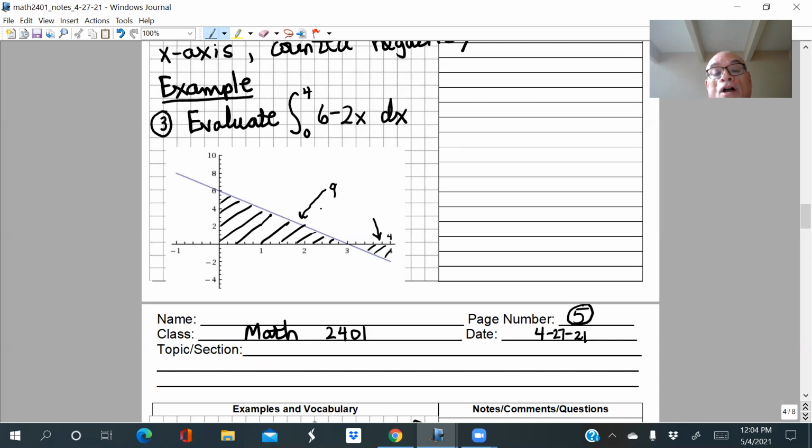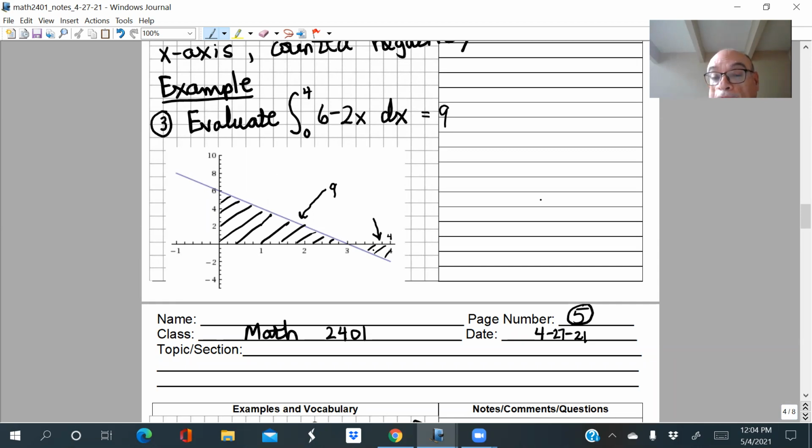Let me show you how. All right, so if we want to evaluate this definite integral, right, that is the area between this curve, this straight line, and the x-axis from 0 to 4, well, part of that area is this part that we already calculated. That area is positive 9.